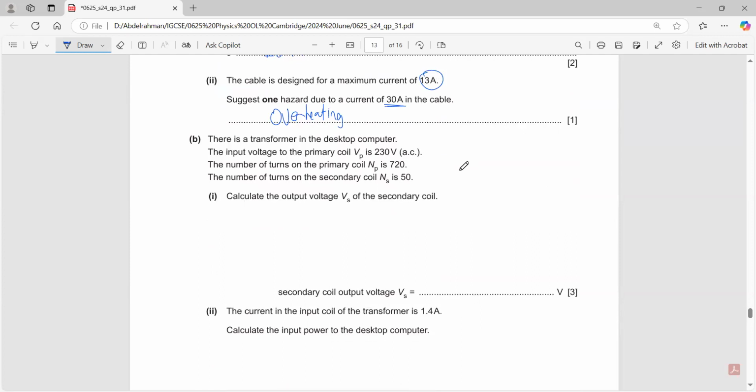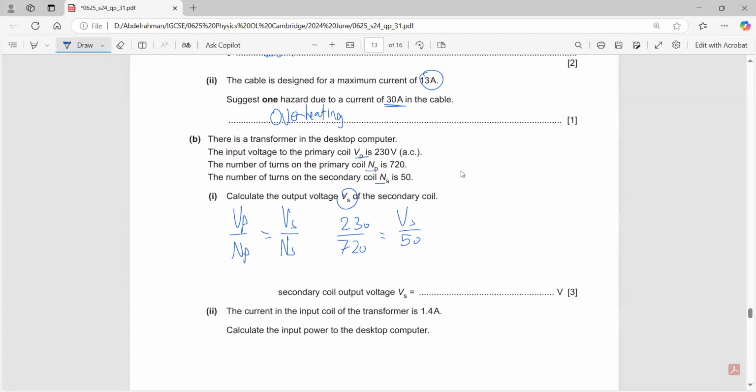There is a transformer. Okay, so you have the VP, NP, NS, and you need to find the VS. Basically, what is our equation? VP over NP equals VS over NS. 230 over 720 equals VS over 50.